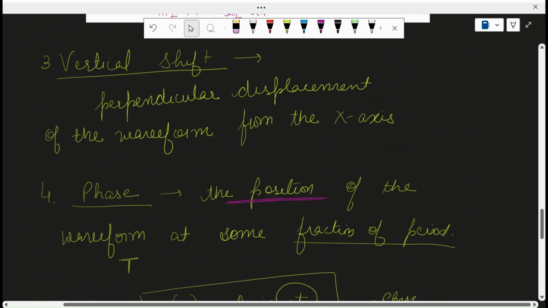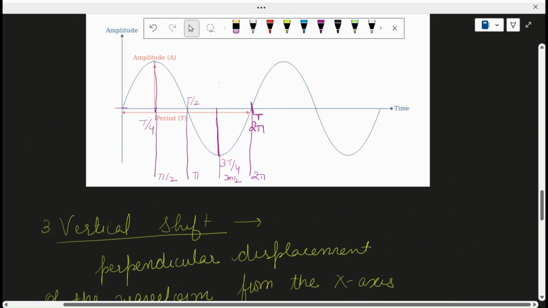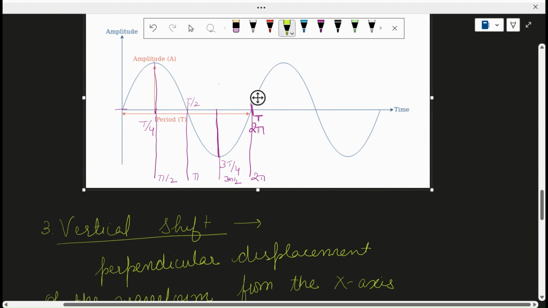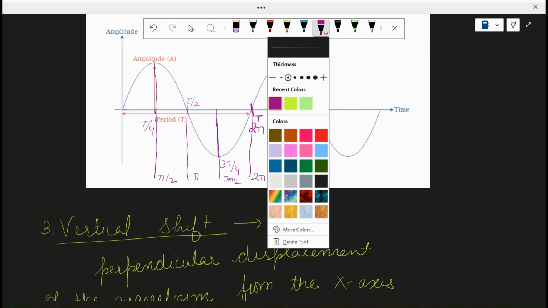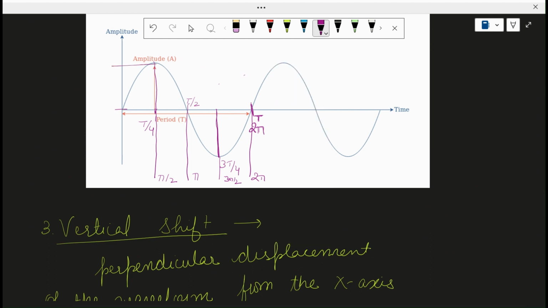We see from the table that the sine wave at 0 degrees, right, this was the maximum amplitude A, and this is the maximum amplitude in the negative direction, negative A. So when the sinusoidal was at t is equal to 0, the value was 0, it attained the maximum value at T by 4, that is pi by 2.